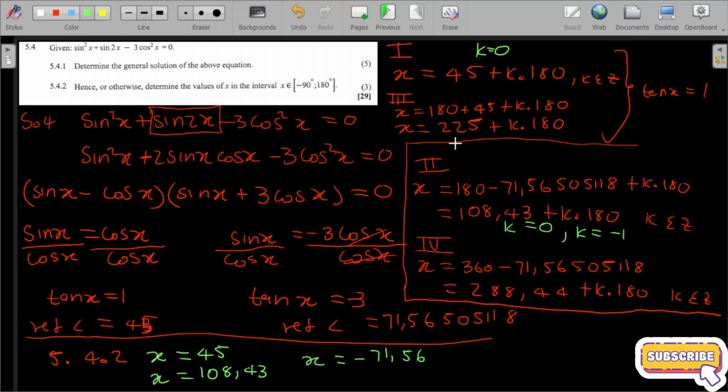So you can play the guessing game according to all the general solutions that we had there, in terms of finding what's going to satisfy the restriction. That was equation number 5 on this paper. Thank you so much.